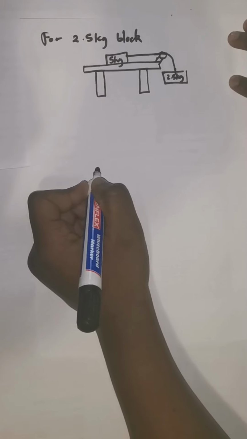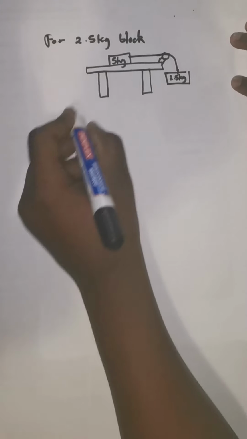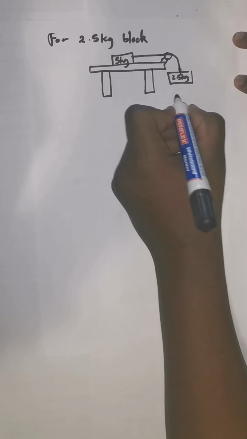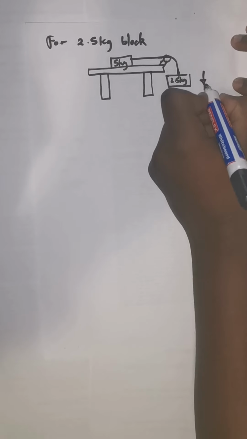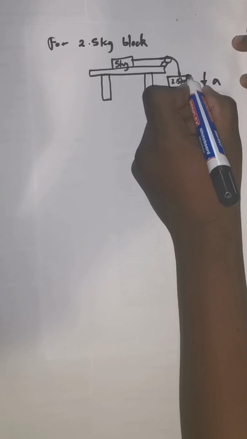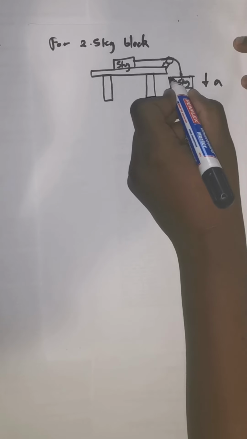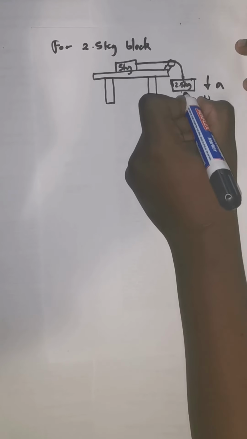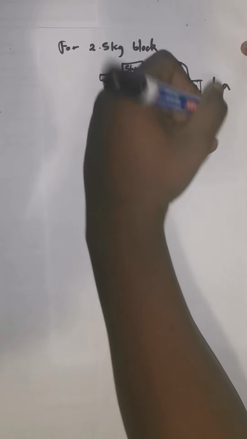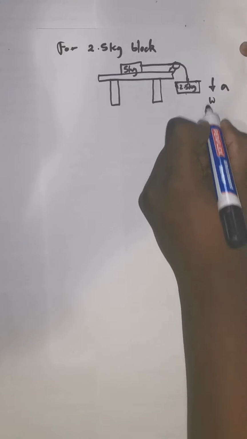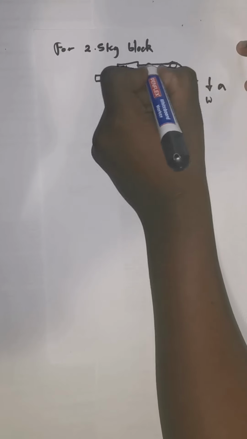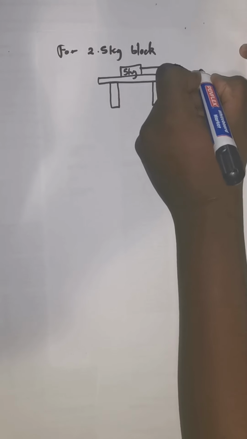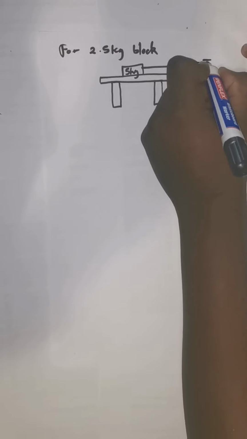So for our second part of the question, we're going to consider the 2.5 kg block. So remember, the statement says that this block accelerates downwards, and this is due to the weight. So that means there's weight right here in this block, and the force is going downwards. And then there is another force, which is the force in the string, which is going to be tension.